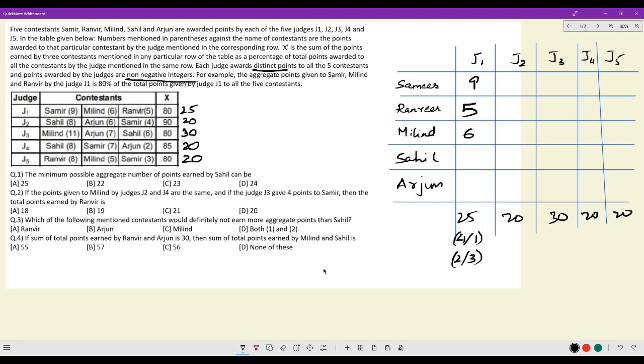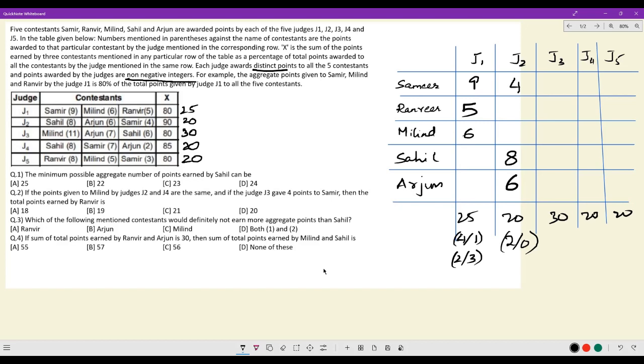These are the only possibilities. For judge 2, marks given to Sahil was 8, Arjun was 6, and Sameer was 4. So 8, 6, 4, 18 marks are given. 2 marks are to be distributed to Ranveer and Milind. The only way it can be distributed in a manner that they are distinct is 2 and 0.